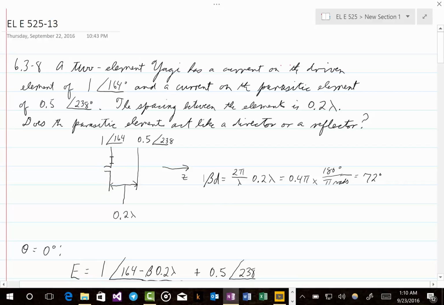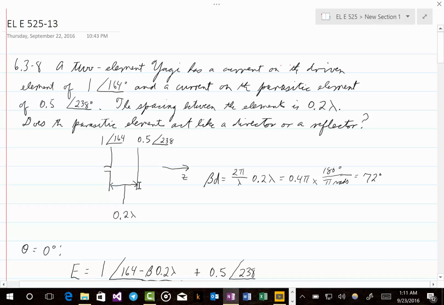So here's our driven element. Here is our parasitic element. The distance between them is 0.2 lambda. The current on the driven element is 1 at an angle of 164 degrees. The current on the parasitic element is 0.5 at 238 degrees.